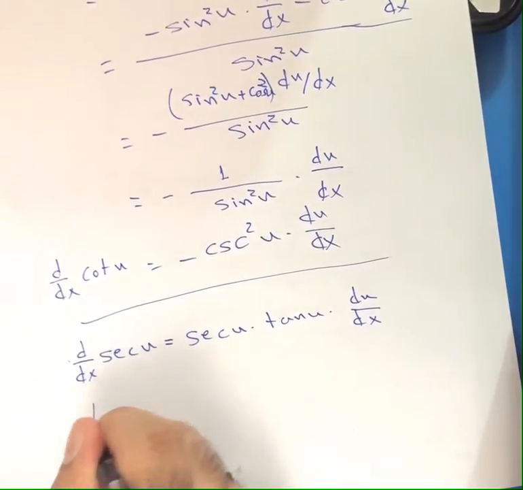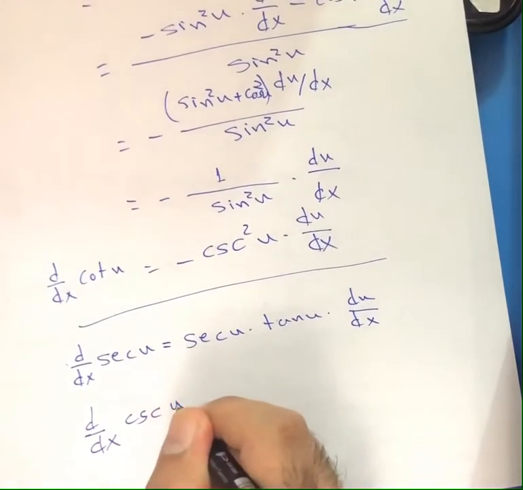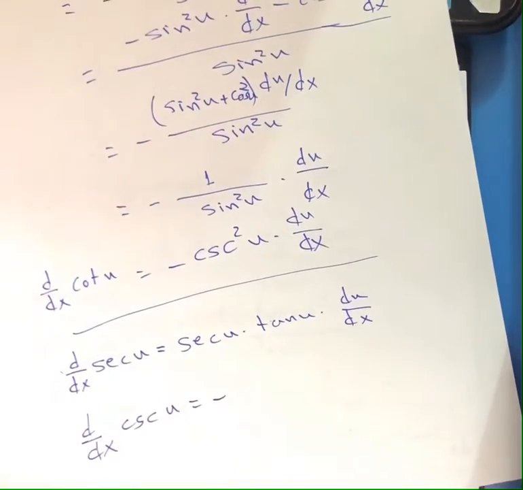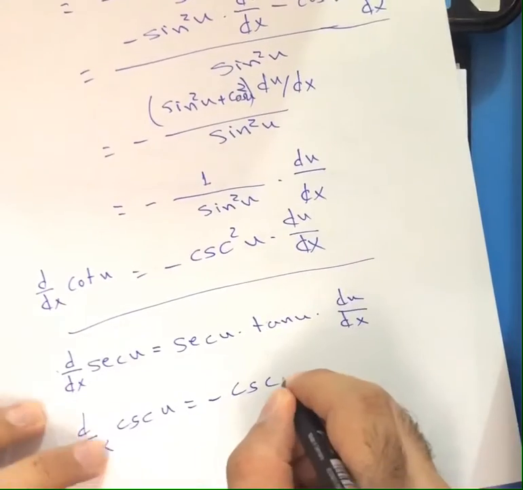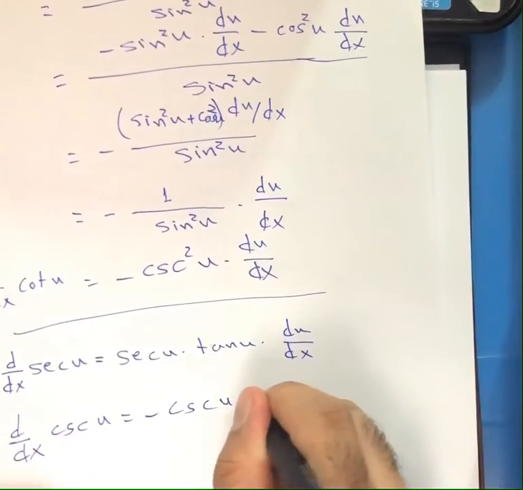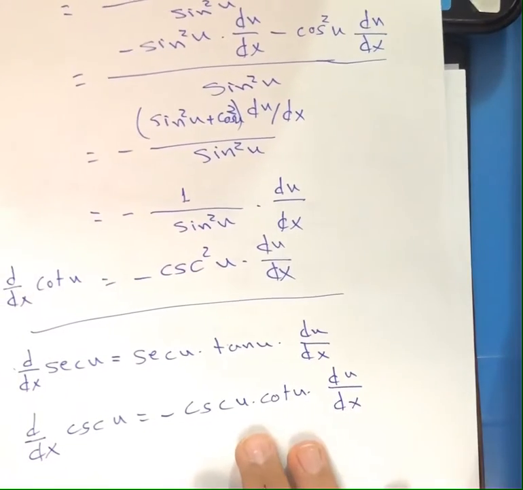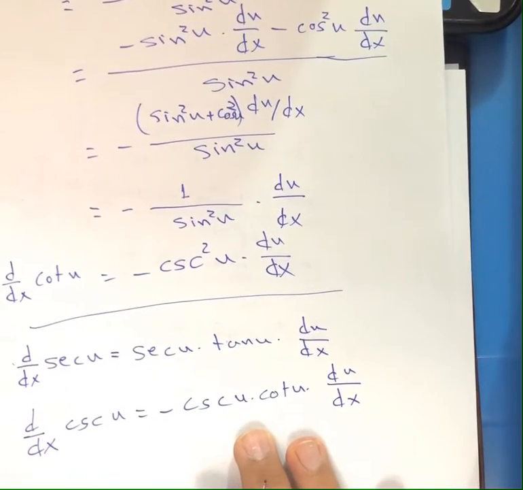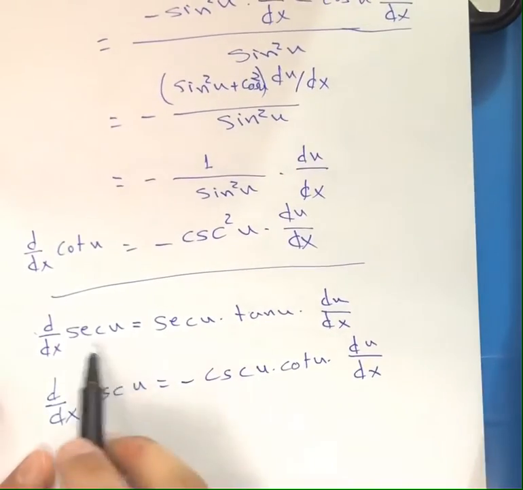Also we have d by dx for cosec u, which is nothing but minus cosec u cotan u du by dx. This actually can be derived easily, so let us explain how we can derive this.